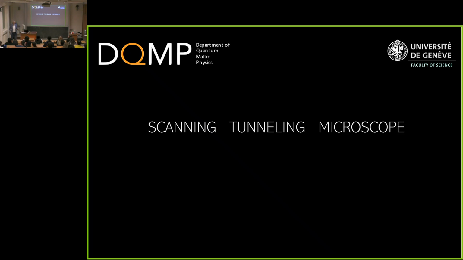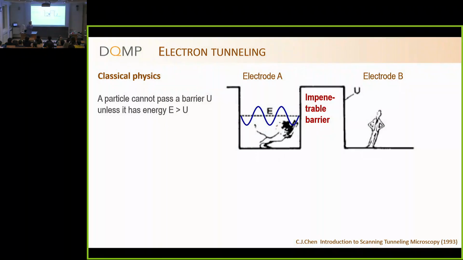Okay, so some of you have heard about STM before, not all, which is good. So Eliot just mentioned this principle, the basic principle, which is tunneling, so I will not go back into the details, but clearly that's actually a nice older introductory book where you can find some of these principles, but the idea is, again, if you have a particle at an energy lower than a barrier, which could be the surface barrier of some material, there's no way for this electron to escape, and you have to provide energy to go above.